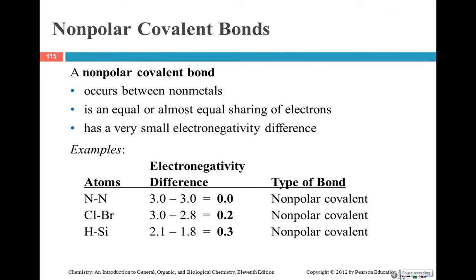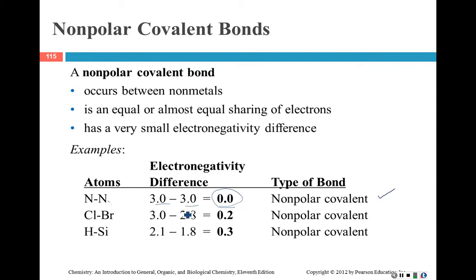So a nonpolar covalent bond occurs between nonmetals that is almost an equal sharing. When we look at these differences between electronegativities, obviously if you have the same elements bonding together, they're going to have the same electronegativity. So that's when you're going to have a 0 for the difference. That's obviously going to be a nonpolar covalent.